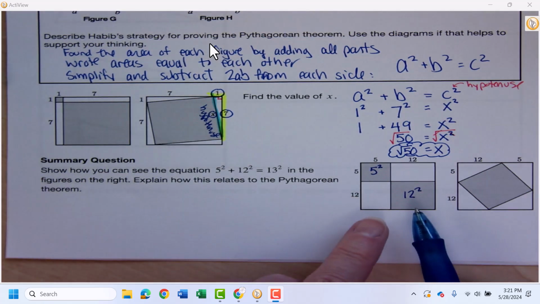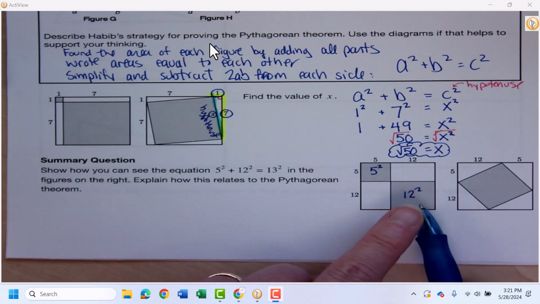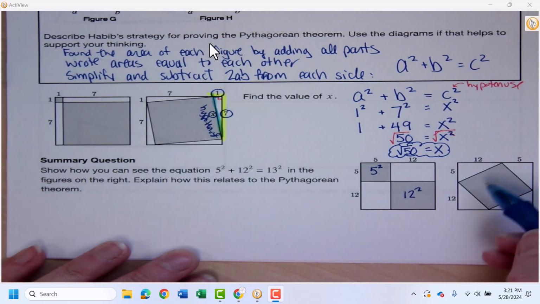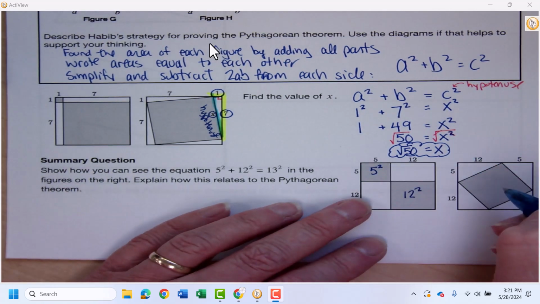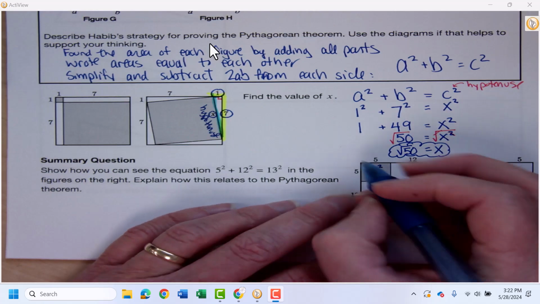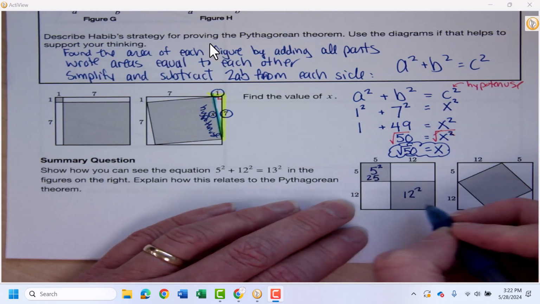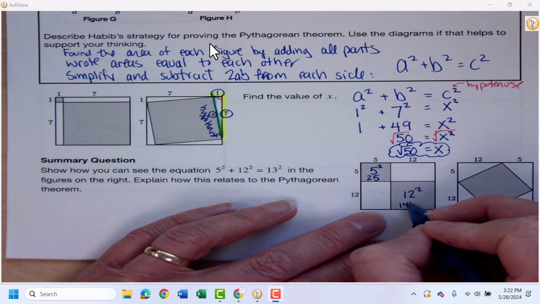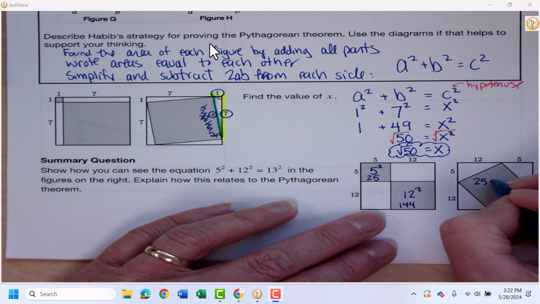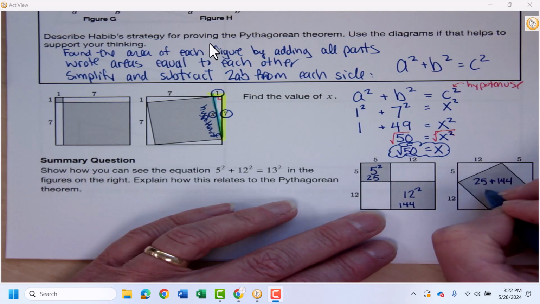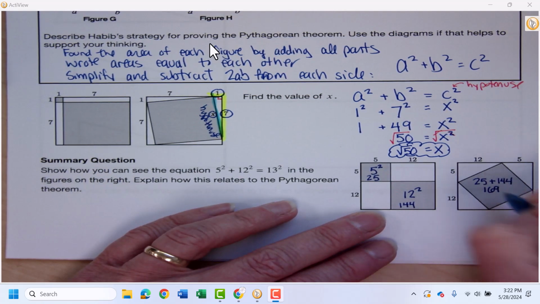And since I know that the shaded areas in this figure are the same as the shaded area in this figure, I'm going to have to do a little simplifying here. Let's see, 5 squared is 25. 12 squared is 144. I know that this has to be 25 plus 144, which is 169, which is actually 13 times 13.